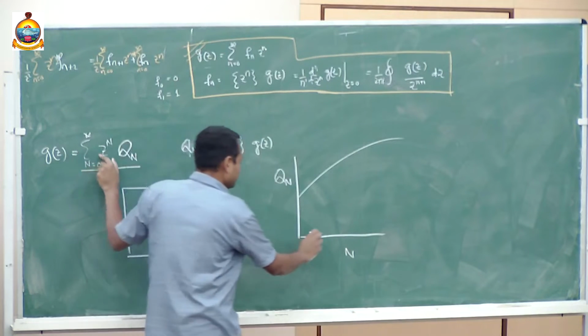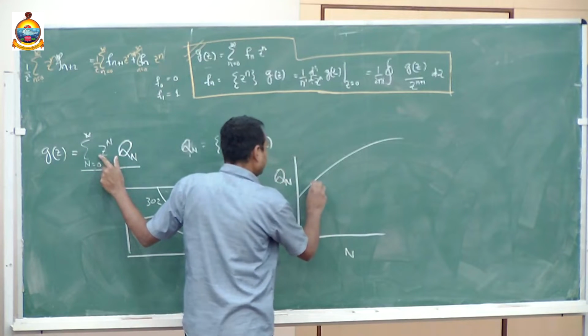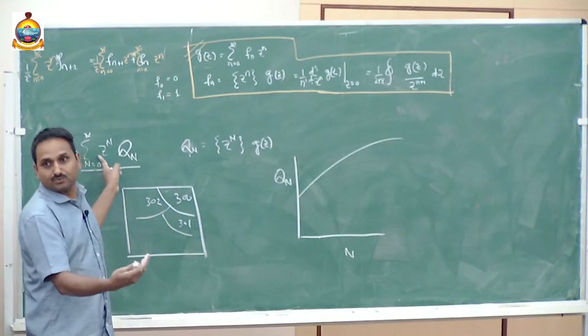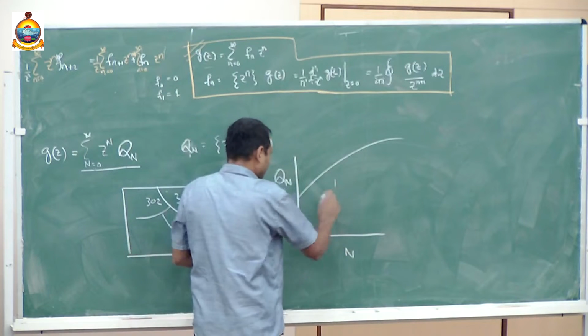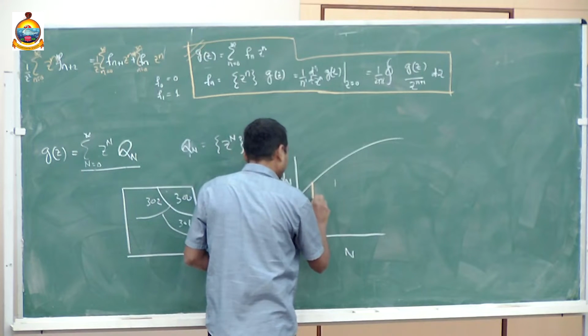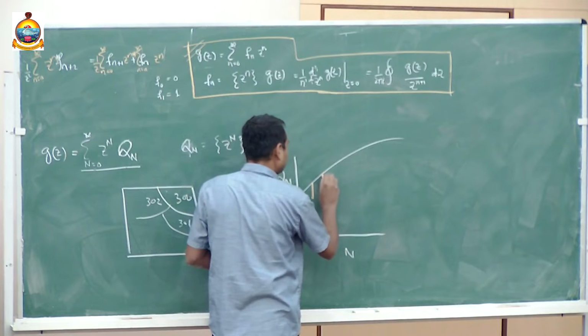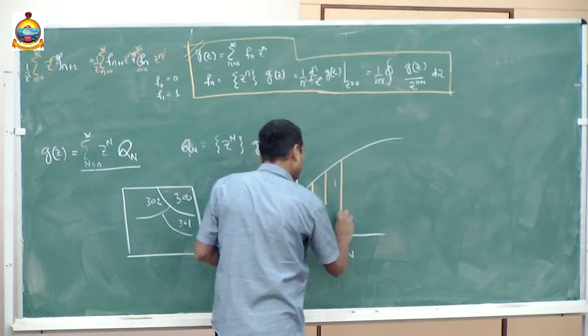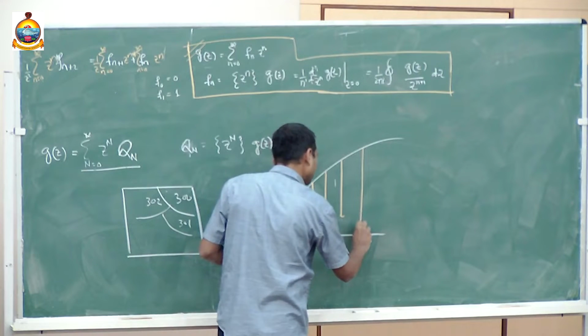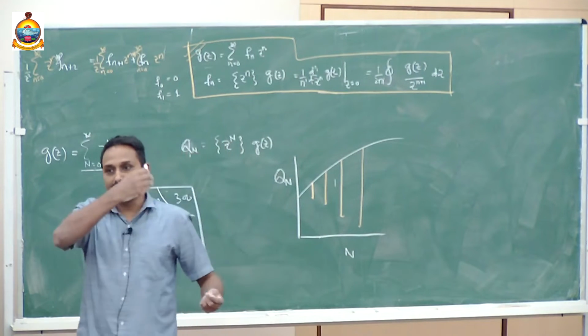For n equal to 0, you are multiplying this function by just 1. For something less than 1, if you put n equal to 2, it goes down. So n equal to 0 is not pulled down, this one is pulled down a little bit, this one even more, and this one even more. Each point you are pulling down.